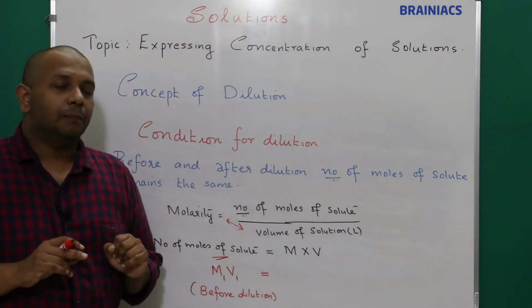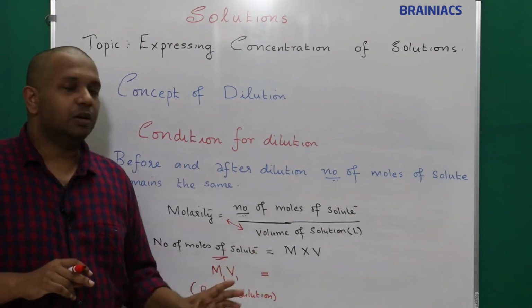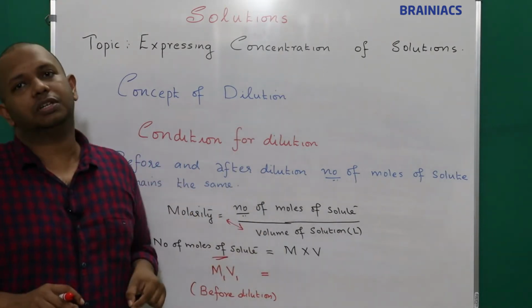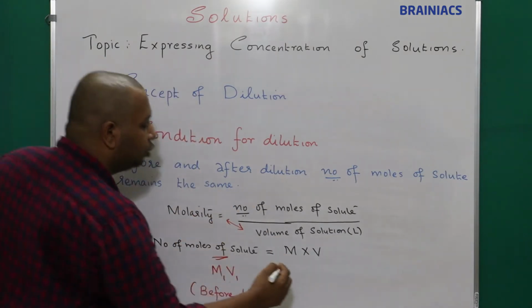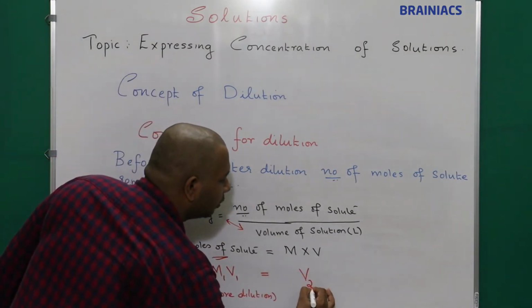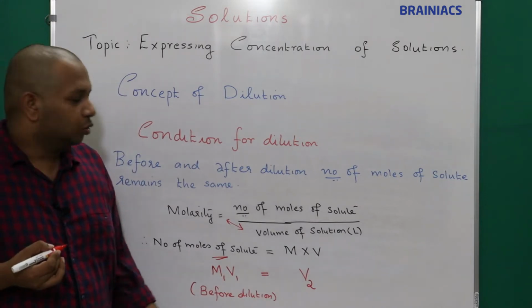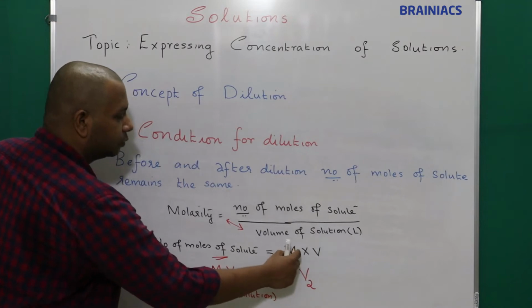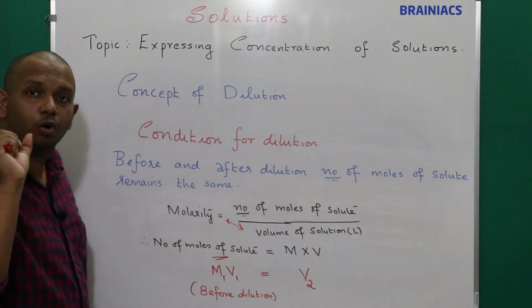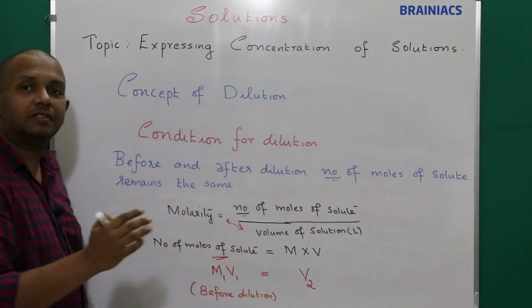No. Why? Because after the dilution we are adding solvent into it, so the volume of the solution is increasing. Let me say V2 is the volume of the solution in that case. If this is V2, the product of molarity and volume should always be the same, because the number of moles is constant.